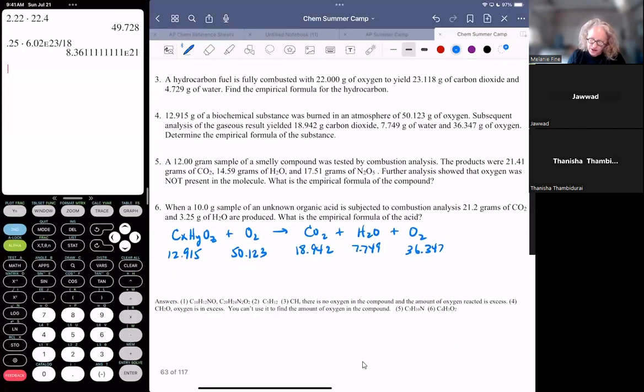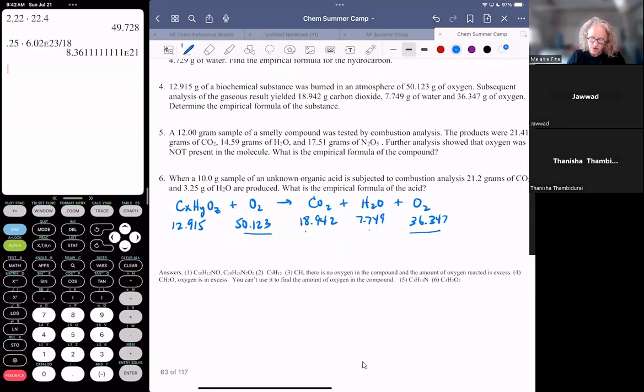My thought is that after we figure out how much carbon and how much hydrogen, we're also going to have to figure out how much oxygen and compare that to 50. Any surplus oxygen would be in the original compound. Is that what you did?